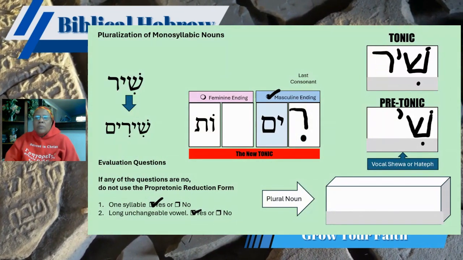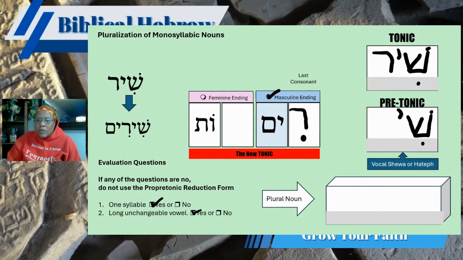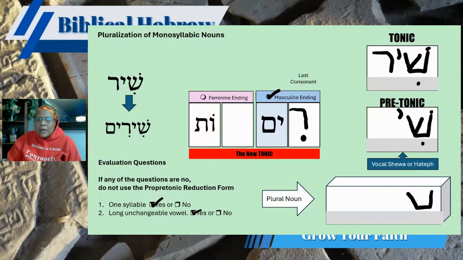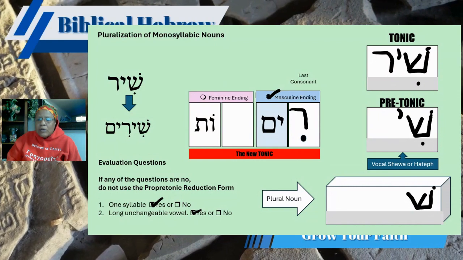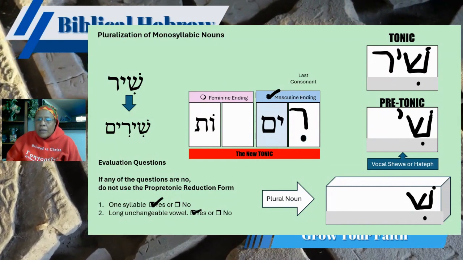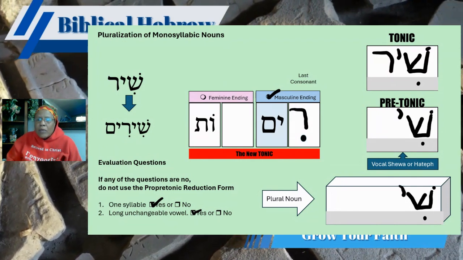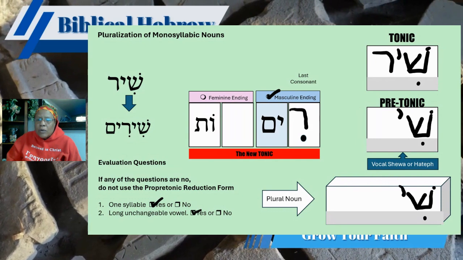So now we're able to pull this together according to the pattern. Notice that I am constantly saying what this letter is. I am practicing what it is. So this is the shin, followed by a hirik yud, which is a long vowel, followed by a resh, which is a guttural.